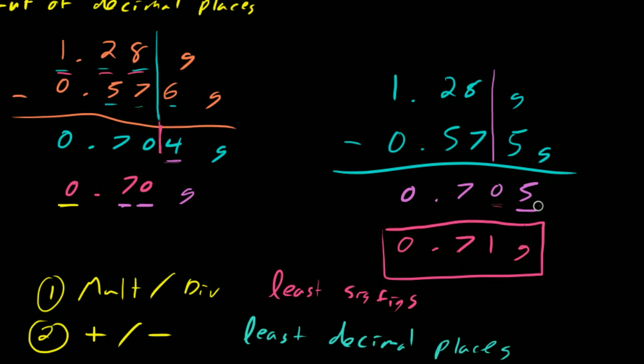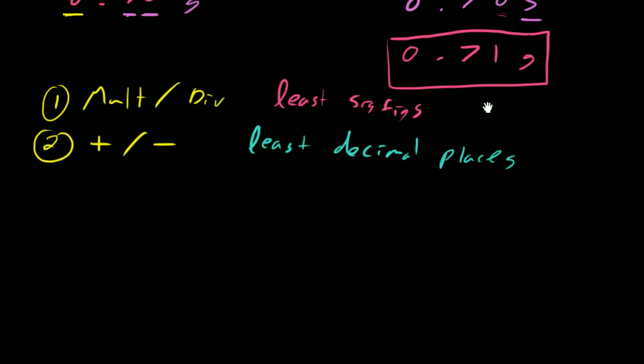The limit is always 5. In the video we had 0.705, so we had 3 figures, but we could only represent 2 of them because we were limited by how many decimal places we had. Our one place past the least significant figure was a 5, so we rounded up to 0.71. So that's the rule. We always round up if we have a 5.